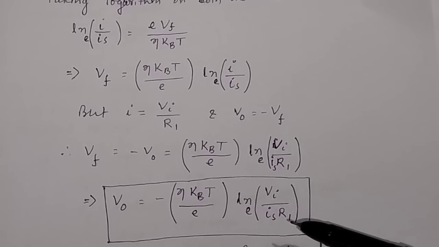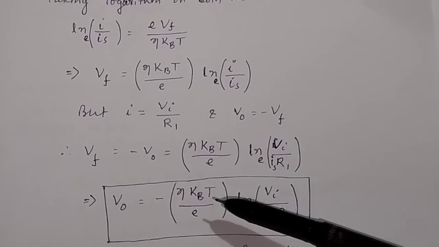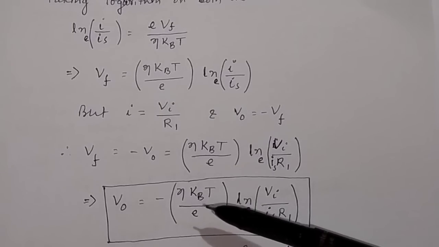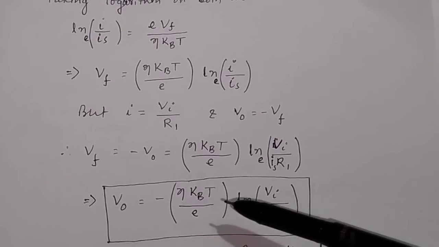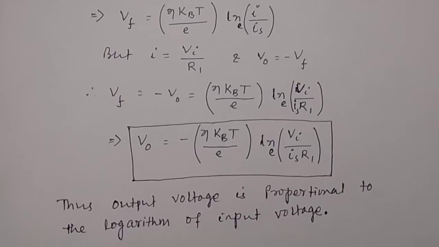The input resistance is constant, Is is the saturation current, that is also constant for the diode. T is also constant, kB is the Boltzmann constant, then the charge of the electron is also constant.